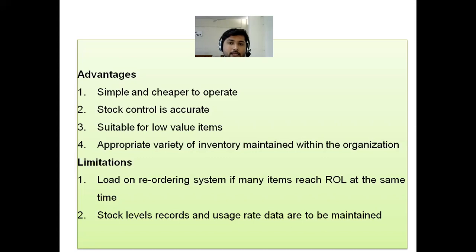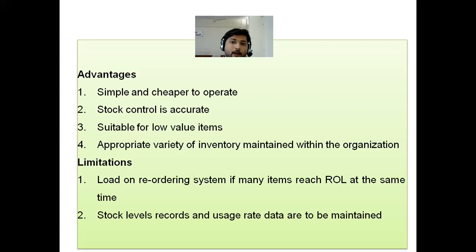So it will be simpler to understand, and there will not be any hectic work, so it will be considered cheaper to operate also. Then the stock control will be accurate, and this type of system is mostly useful for low value items.